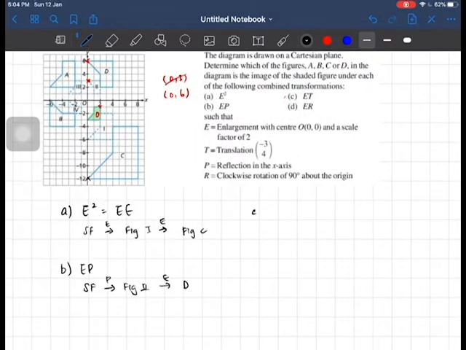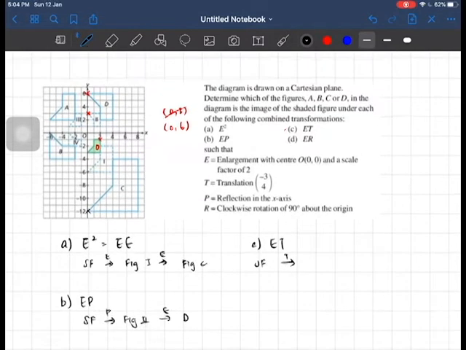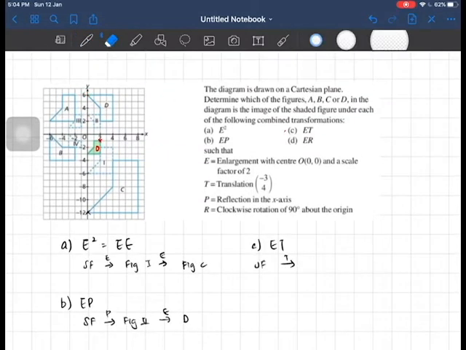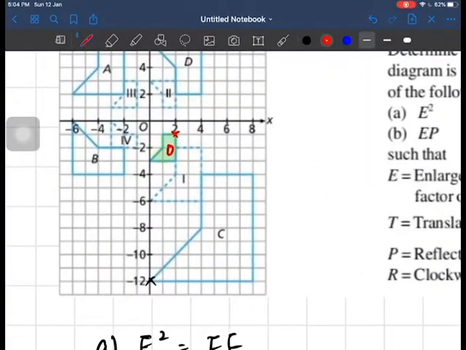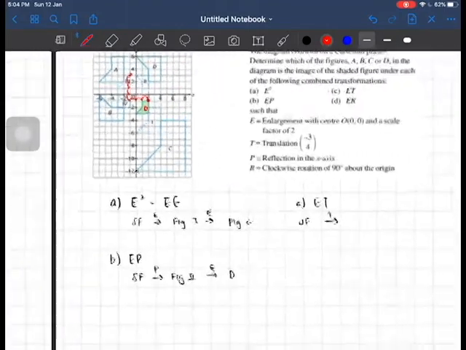Right, next, ET, singular T. So what's T? T is translation negative 3, 4. So from the object, negative 3, 1, 2, 3, 4, 1, 2, 3, 4. So it's figure 3.